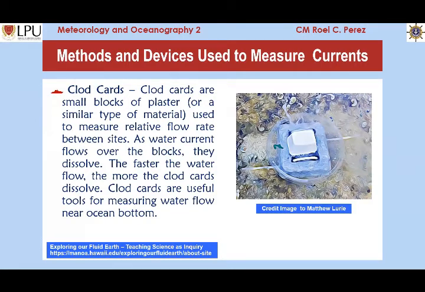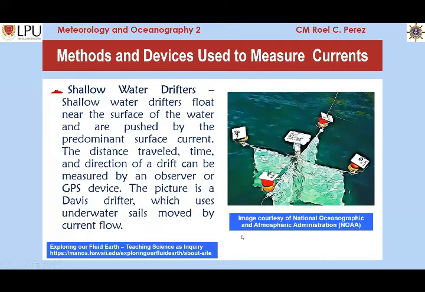So you can see here the image. It is in the bottom of the ocean. And that is the principle being used, which of course we will not study, only for your information. And another one is the shallow water drifters.